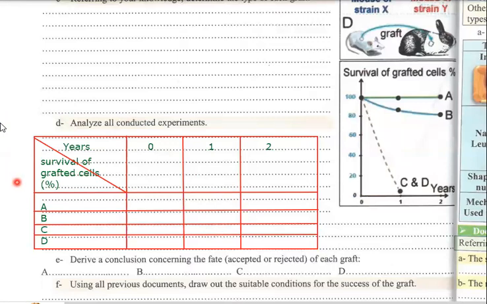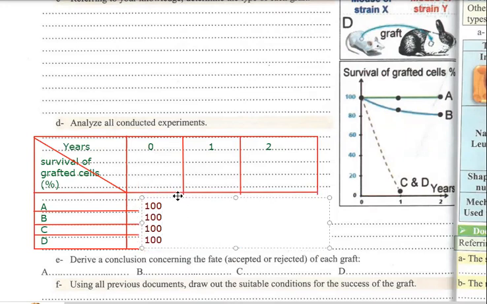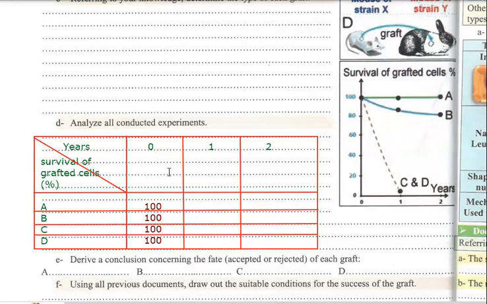So the percentage of survival of a grafted cell in the first year is 100: 100, 100, 100, 100. Now the second year. In the second year, A remained 100 till year 2.